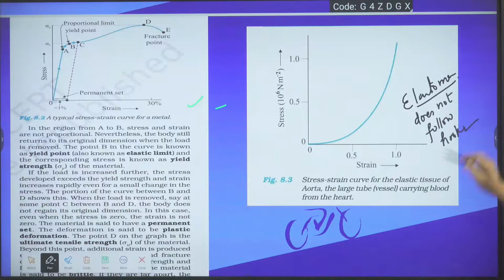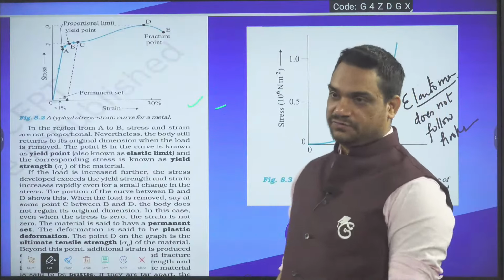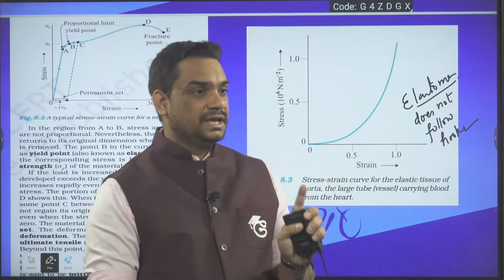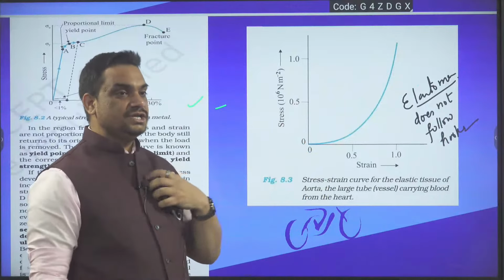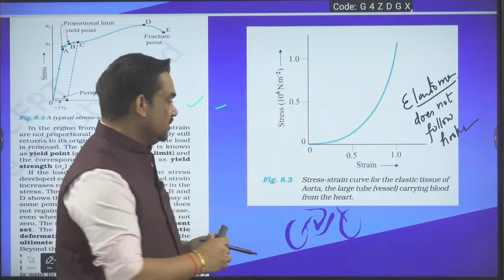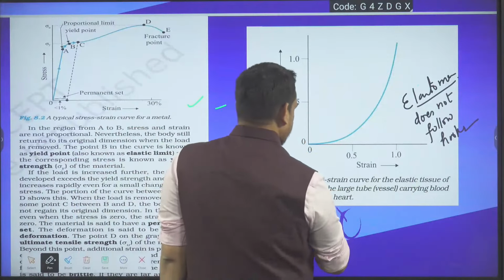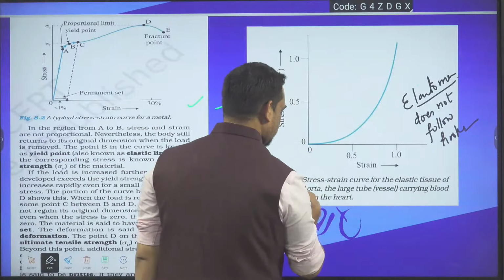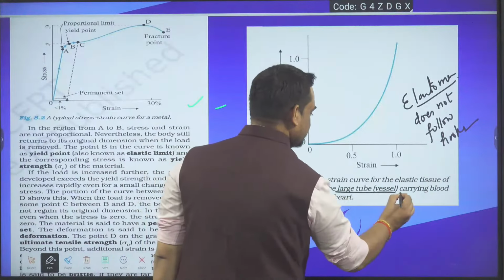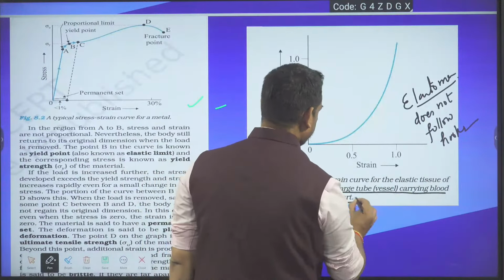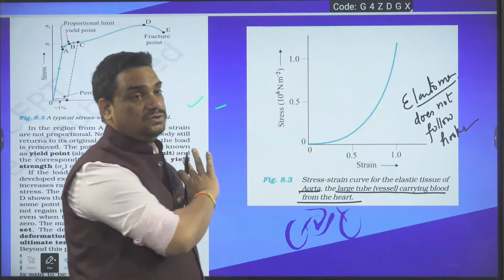This one is present in the tissue of the aorta, in the heart. This is the stress strain curve for the elastic tissue of the aorta, the large vessel carrying blood from the heart, and it will not follow Hooke's law.